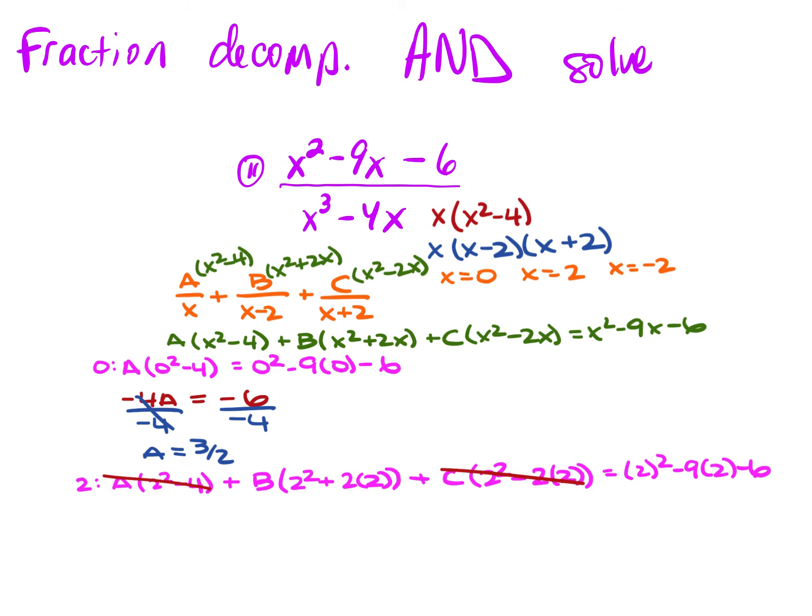So this is going to leave us with 2 squared plus 2 times 2, which is 4 plus 4, which is 8b, is equal to 2 squared, which is 4, minus 9 times 2, which is 18, minus 6, which gives us negative 20. Divide each side by the 8, and we get that b is negative 10 over 4, which is negative 5 over 2.